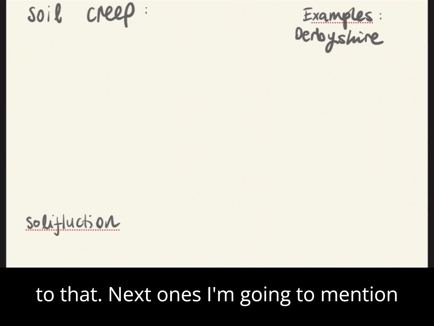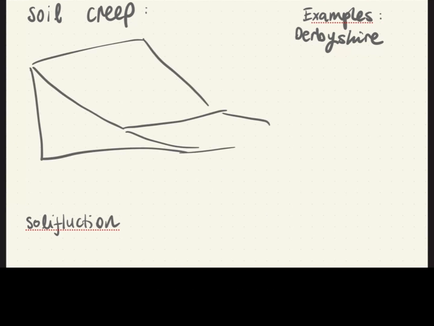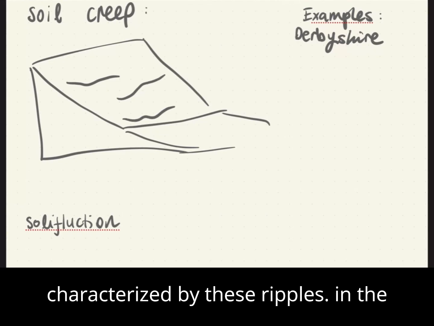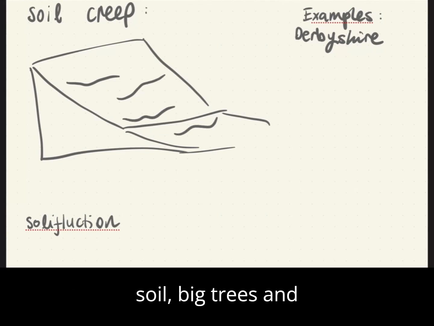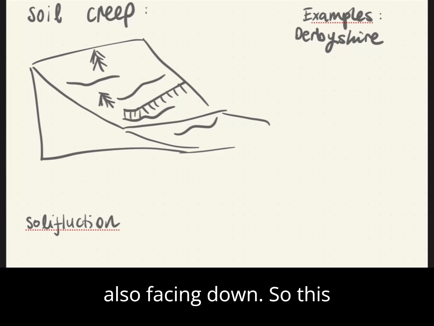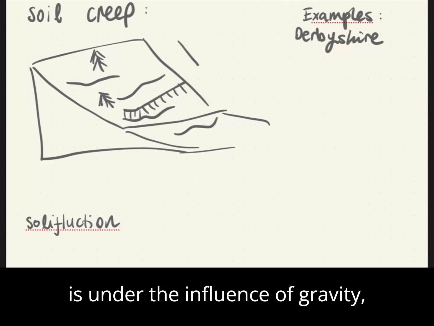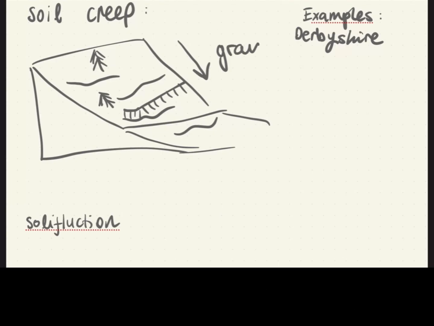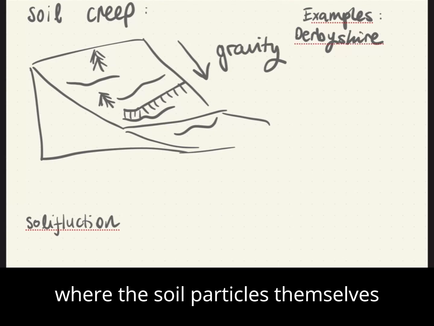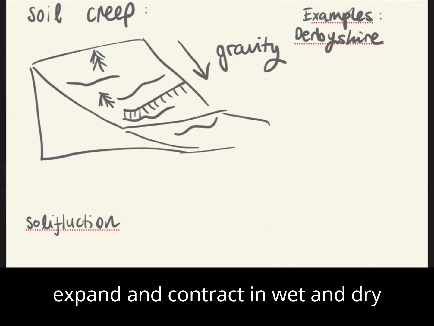Next one I'm going to mention is soil creep, characterized by these ripples in the soil, like trees and fences also facing down. So this movement down the slope is under the influence of gravity, where the soil particles themselves expand and contract in wet and dry periods.